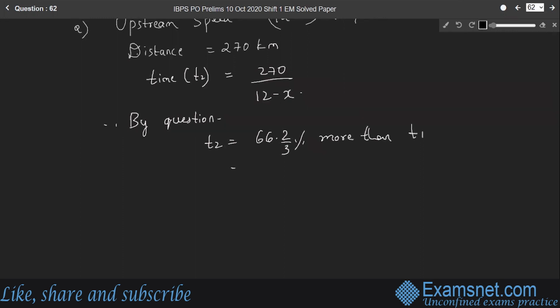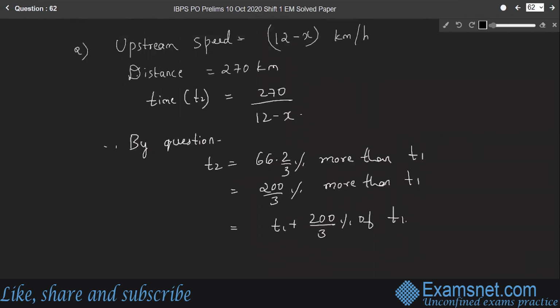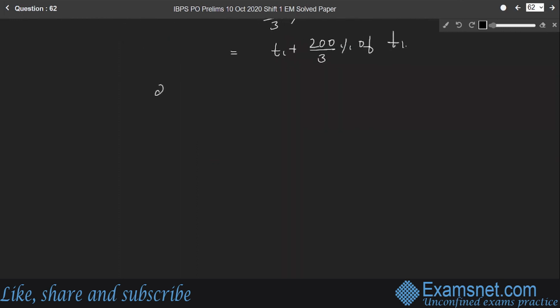That means 200 by 3% more than T1, which is T1 plus 200 by 3% of T1. Now, what is T2? So consider this as equation 2. T2 is 270 by 12 minus x.